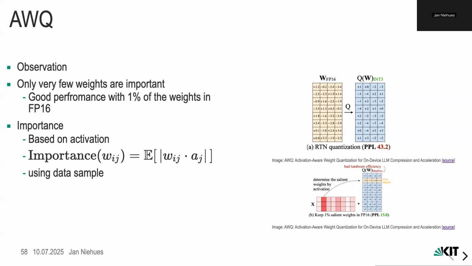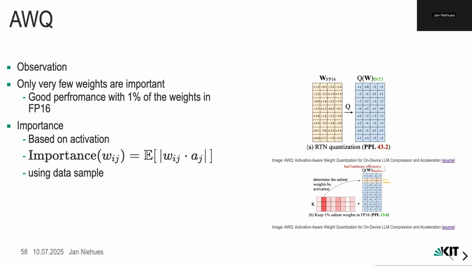You put something in, you multiply, and then you do that again over some training data or sample data, and you get which weights result in the largest activations. And there they showed that if you use 1% of that, then it's enough.